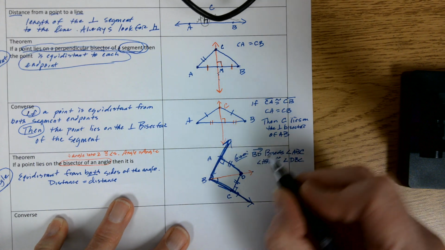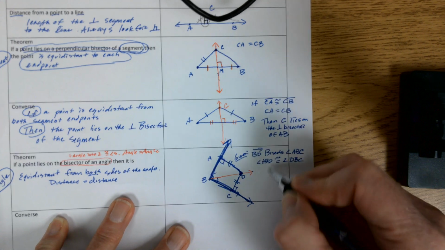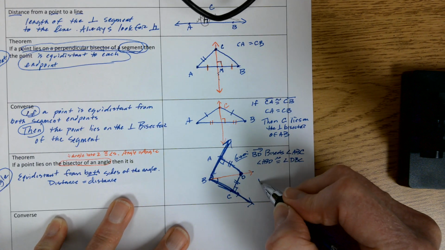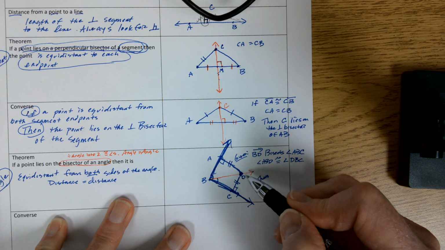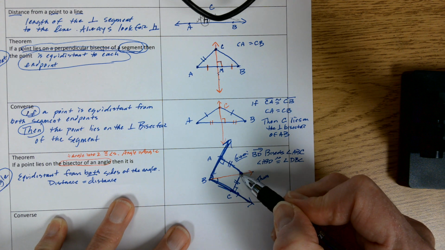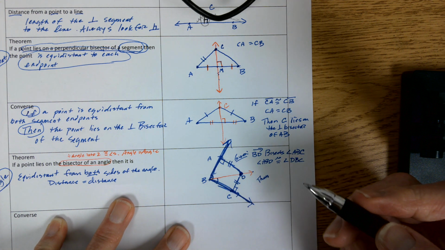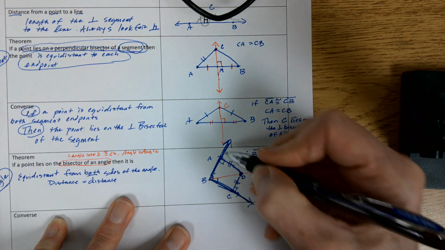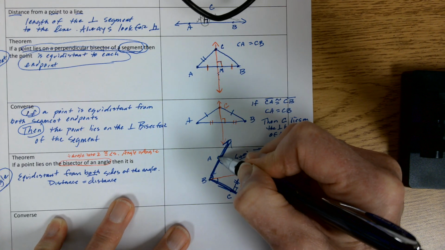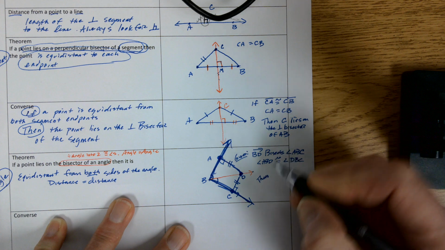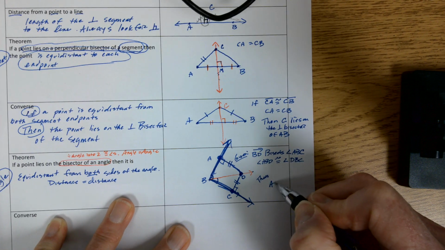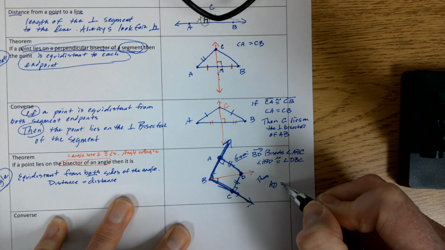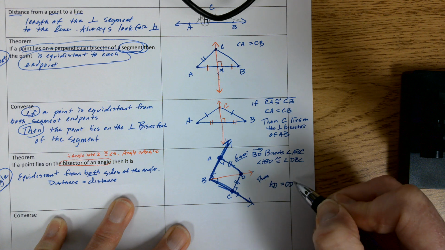So if I'm given a bisector, and the point lies on the bisector, then I know the length from D to the side, in this case, we're going to keep those same points, then length AD is equal to length CD.